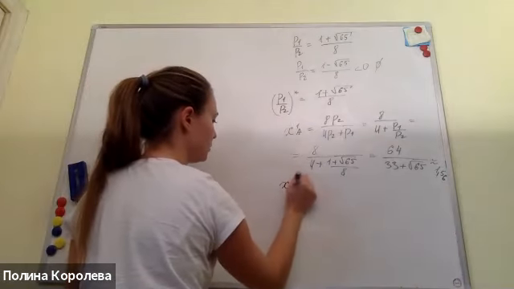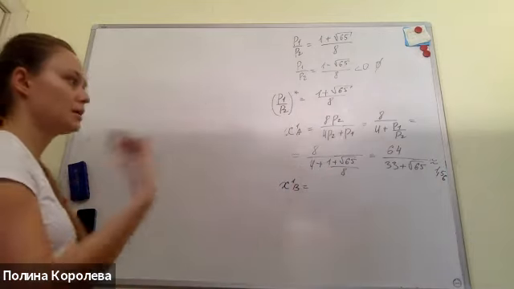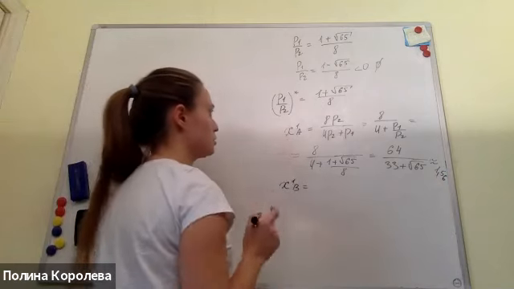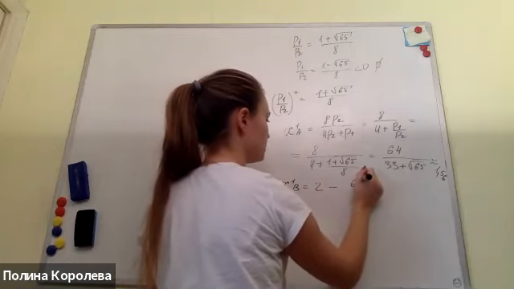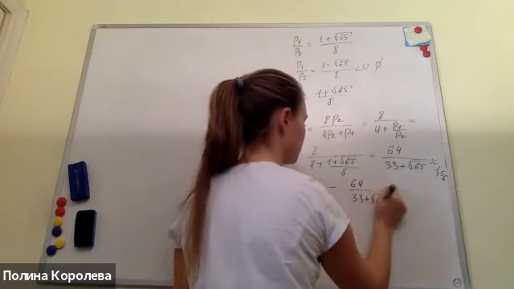So X1B will be the aggregate endowment minus the demand of individual A. We have 2 units of the first good in our economy, so it will be 2 minus 64 divided by 33 plus the square root of 65.